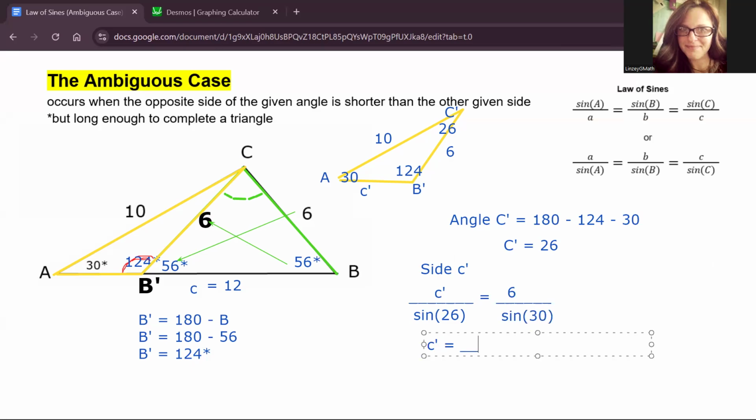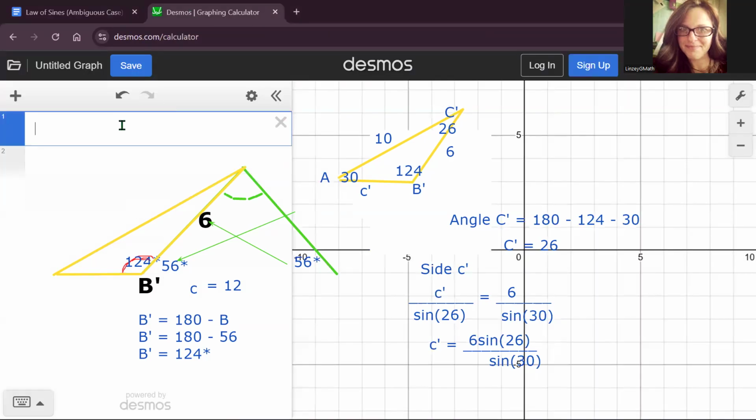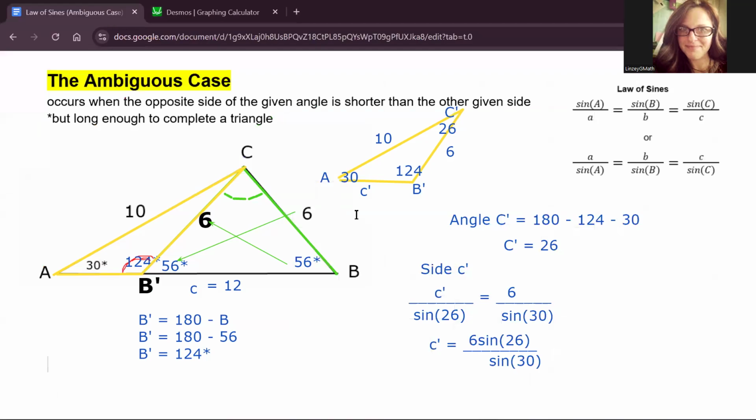C prime is equal to, we'll multiply by sine of 26, all divided by sine of 30, and we'll pop this into the calculator. 6 times sine of 26 degrees divided by sine of 30 degrees, and we get 5.3, finishing up solving both triangles. And that concludes the law of sines, the ambiguous case.